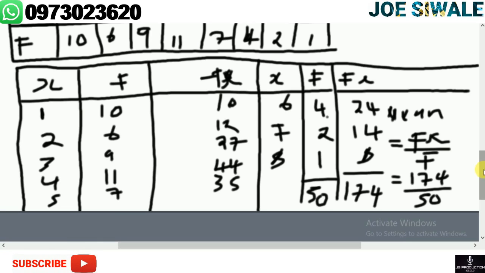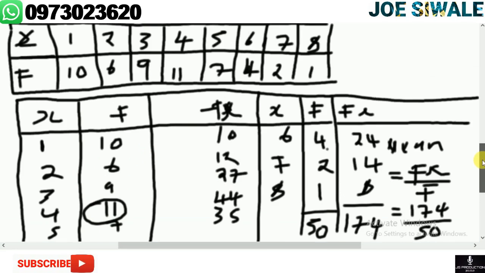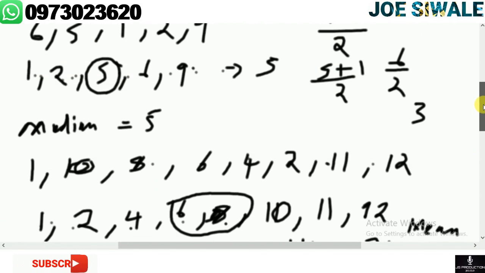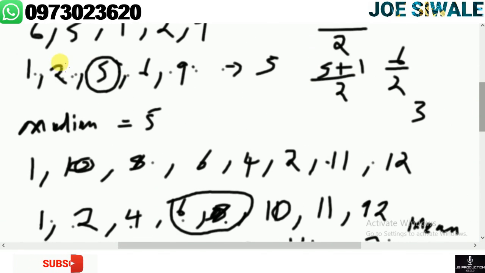So the mode there is 4. So I'll just put it here. Our mode is equal to 4.